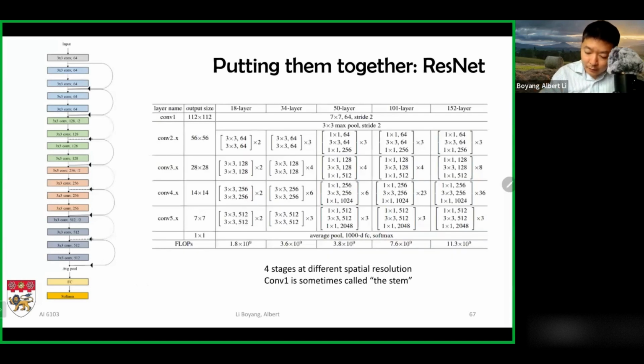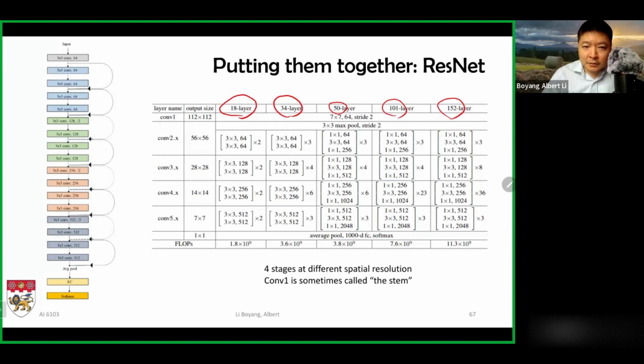Okay. So we talked about the 18-layer network. And the ResNet paper also features a number of variations with increasingly more layers. So we have the 34, the 50, the 101, and 152 layer versions of the residual network.